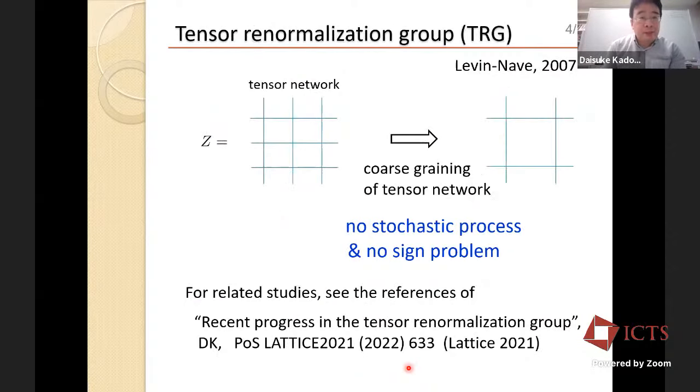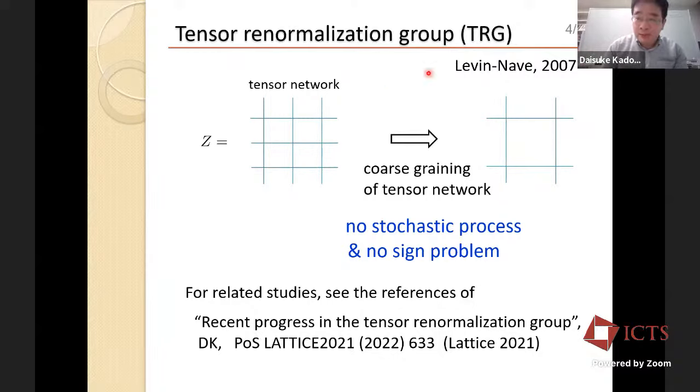The tensor renormalization group approach is completely free from the sign problem. In this approach, the partition function is expressed as a tensor network, and once the tensor network representation is obtained, we can use the TRG method to coarse grain the tensor network, which is reduced to a smaller network.